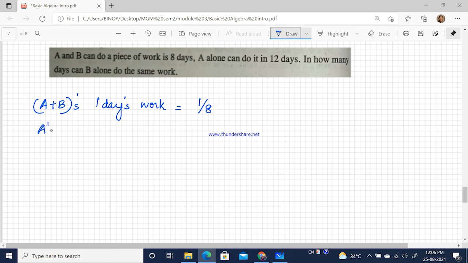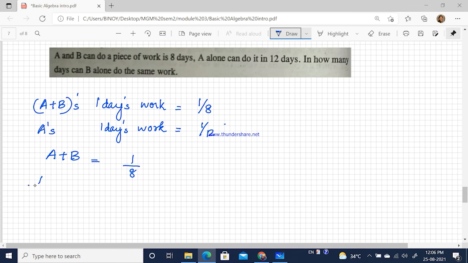What about A's 1 day's work? A's 1 day's work is 1 by 12. In how many days can B alone do the same work? You are asked to find this. So A plus B is equal to 1 by 8.